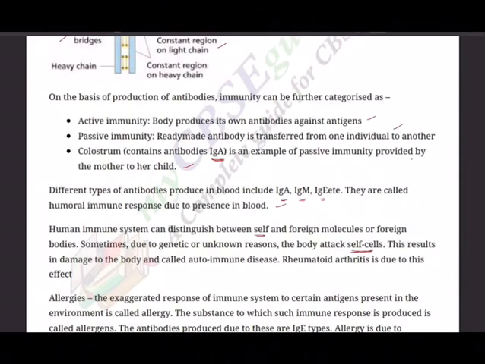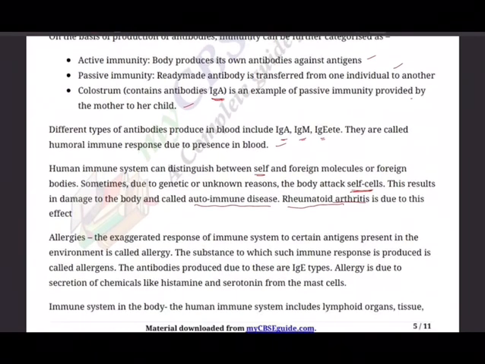This is unfortunate. This results in damage to the body and called autoimmune diseases. So one of the worst things that human beings experience, rheumatoid arthritis, is due to this failing of knowing oneself.